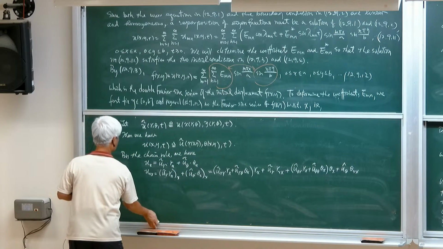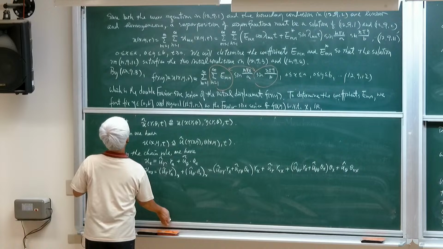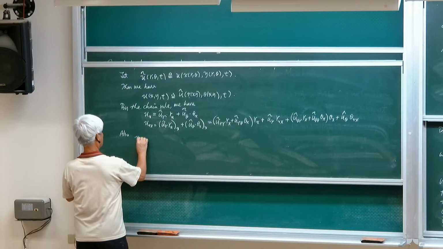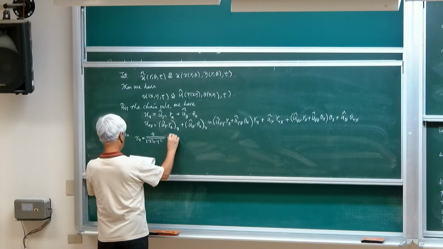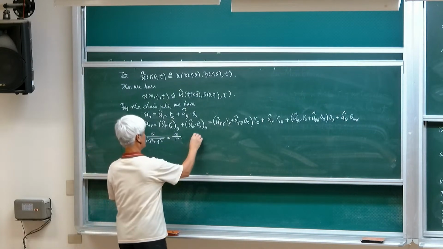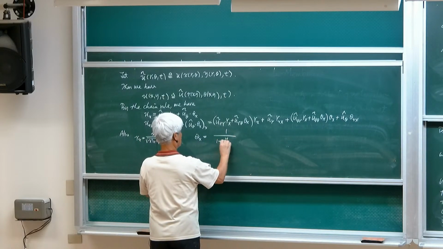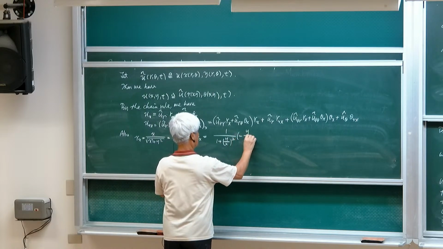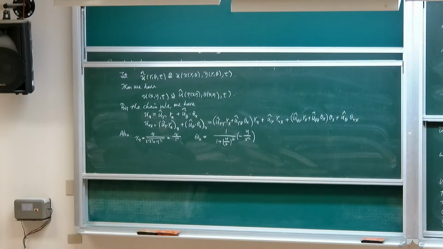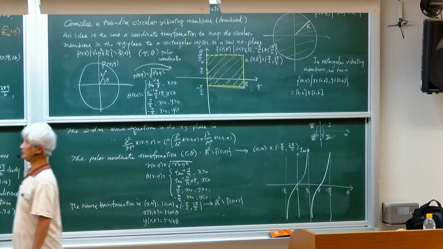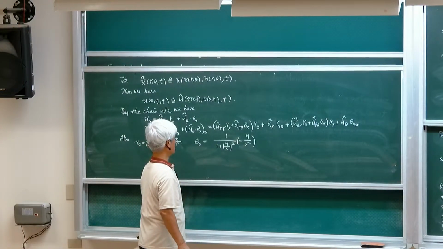Okay, so now also we will do it because r x is equal to x divided by the square root of x squared plus y squared, so that is x divided by r here, and we write theta x, so that this is equal to 1 over 1 plus y squared over x squared, times minus y over x squared, because theta is the arctangent, and we know the derivative for arctangent is 1 over 1 plus the argument squared.